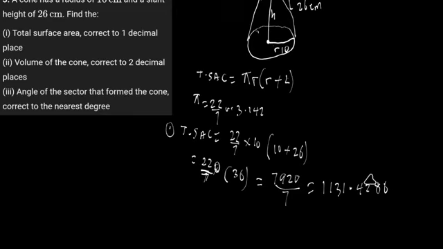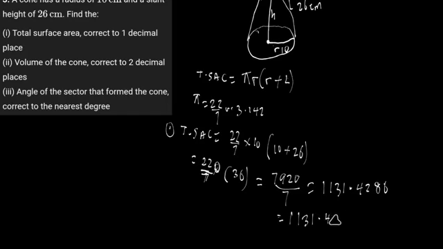So we are told to find one decimal place, which means we stop at this 4. So we have 1,131.4, and this 4 is our first decimal place.